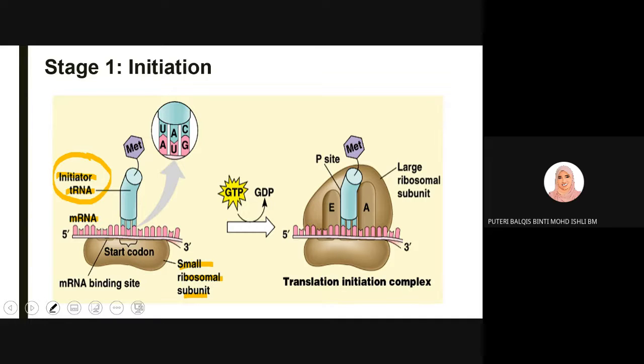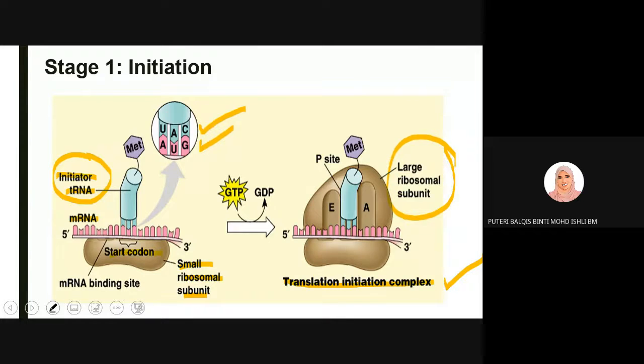This initiator tRNA will bind to the start codon, AUG, which is complementary to the base pair, UAC. After initiator tRNA datang, then the large ribosomal subunit binds and translation initiation complex will be complete.